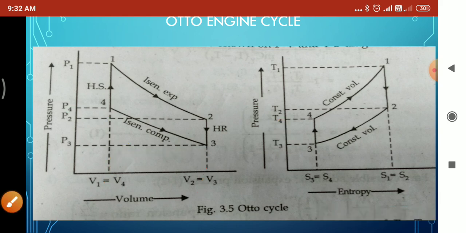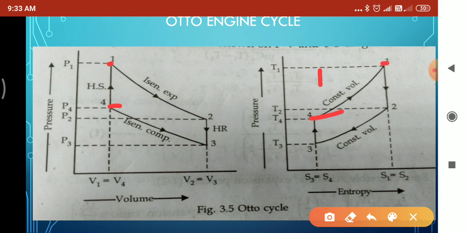And last is constant volume heating, the fourth one, from 4 to 1. In this process, heat is supplied, means temperature increases from T4 to T1, volume remains constant, that is V1 equals V4, and pressure increases from P4 to P1.